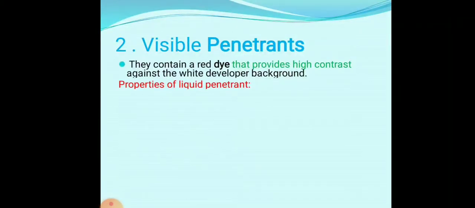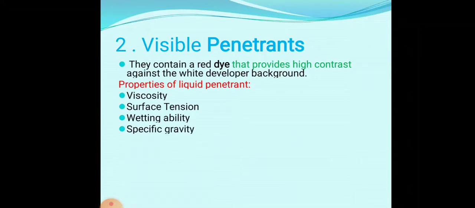Properties of liquid penetrants. Before selecting the liquid penetrant, we consider some properties. First is viscosity, then surface tension, then wetting ability, then specific gravity and flash point. These are all properties to be considered while selecting the penetrant.